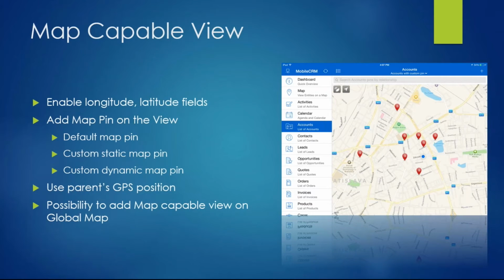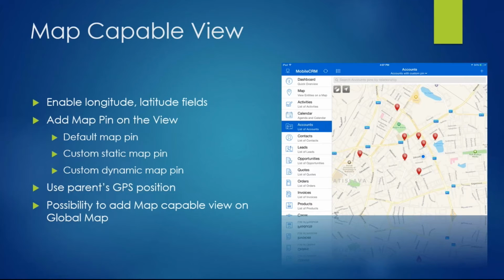So let me start with the basics. To be able to work with GPS position or with the pins themselves, you need to of course have the longitude and latitude fields for this entity enabled. Then you need to go to the view and create a map pin or just use the default one.